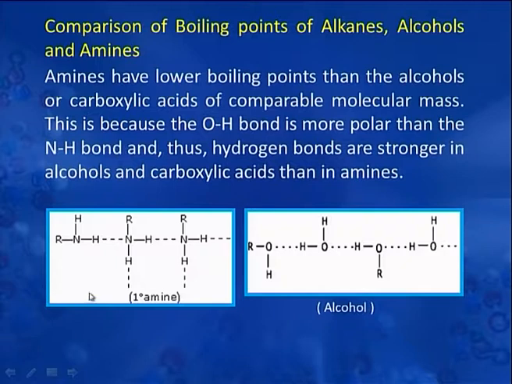This is because the O-H bond is more polar than the N-H bond, and thus hydrogen bonds are stronger in the case of alcohols and carboxylic acids than in the case of amines. Here you can see the hydrogen bond formed between primary amine molecules, and here the hydrogen bond formed between different molecules of alcohols.